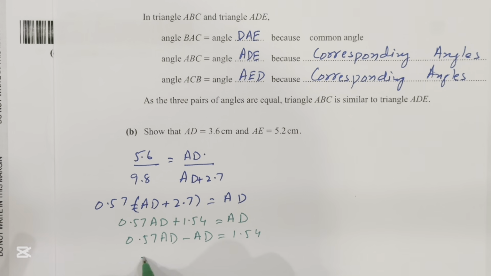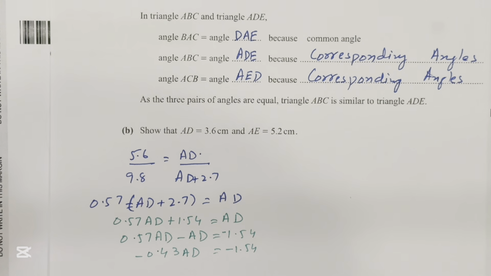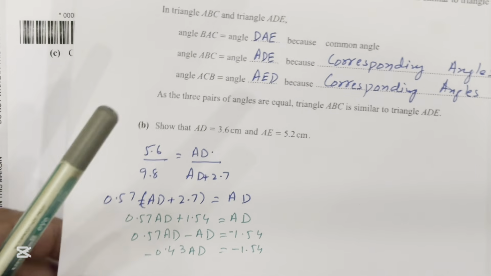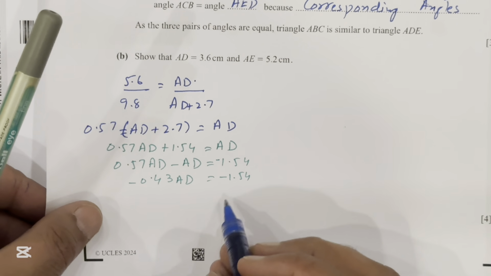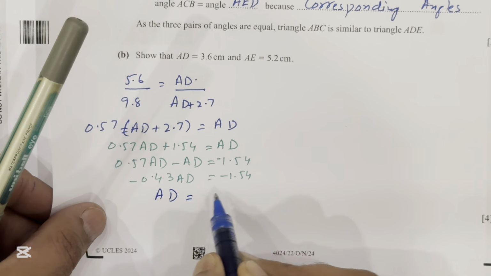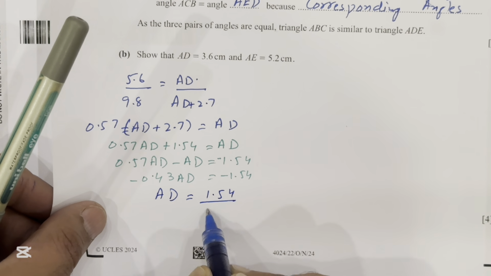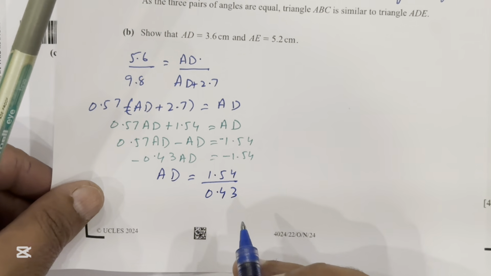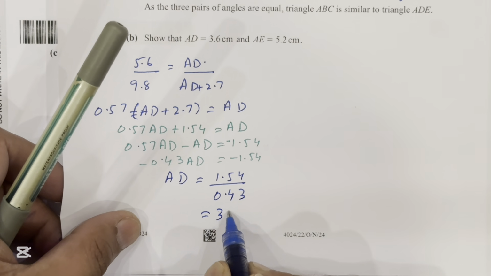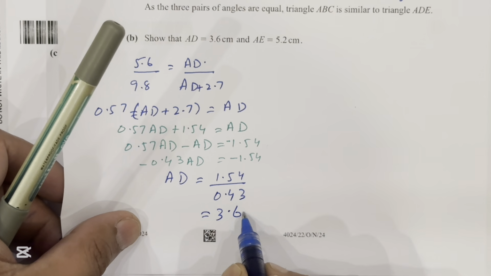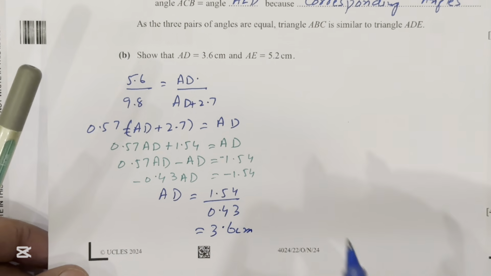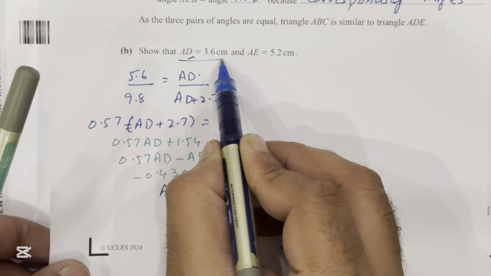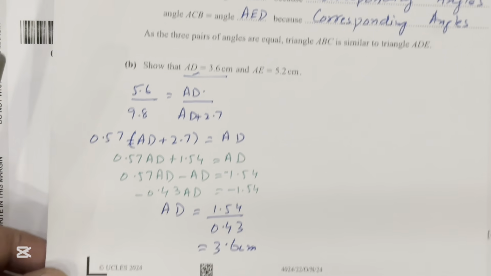You get minus 0.43 AD equals minus 1.54. Now the negatives would cancel each other, so AD is equal to 1.54 over 0.43. You would get the answer, that is 3.6 centimeter. And you can read from the question, we need to show this. So the first part is done.